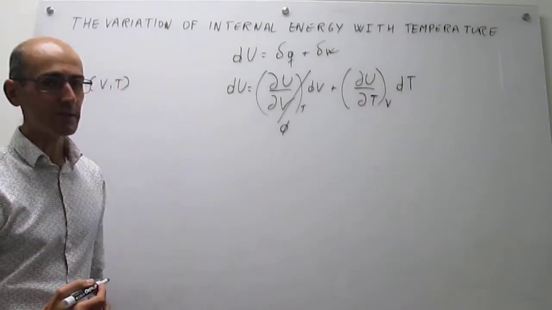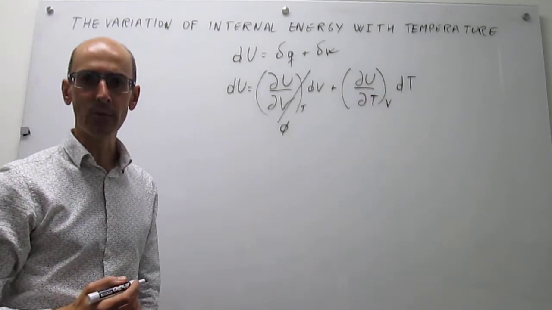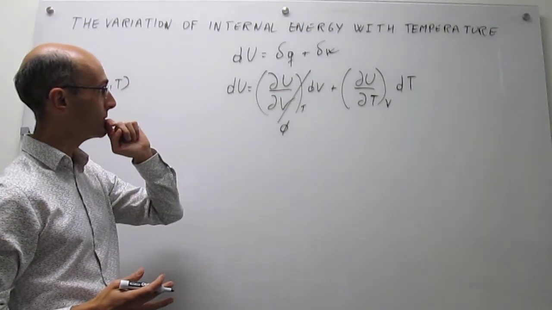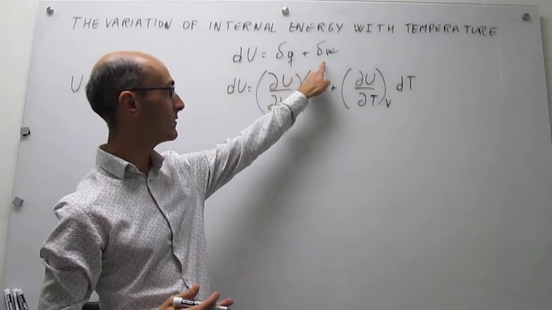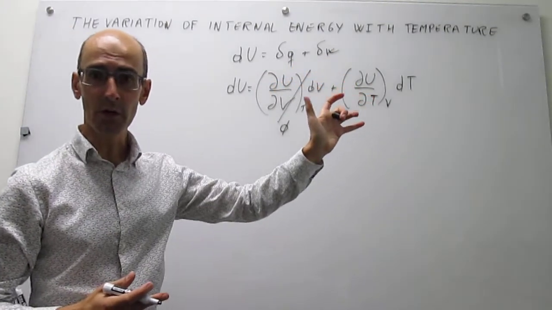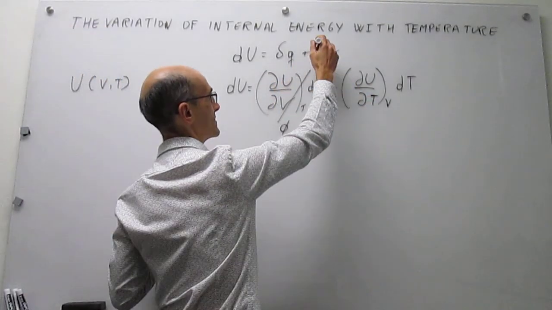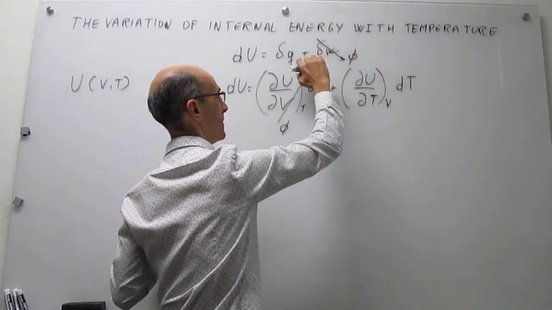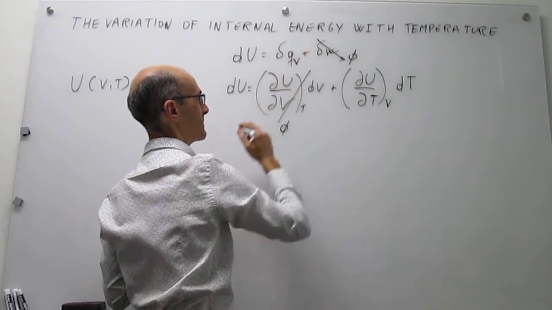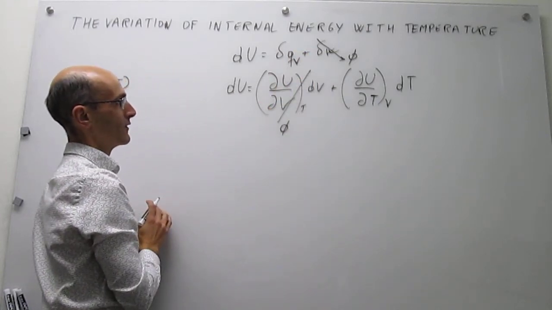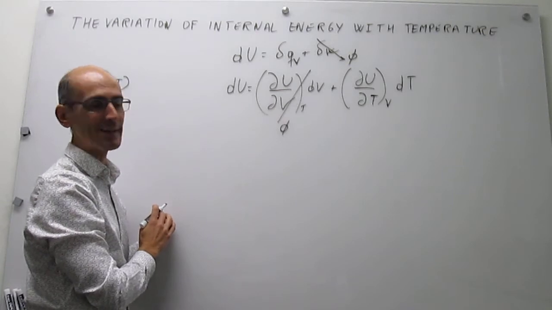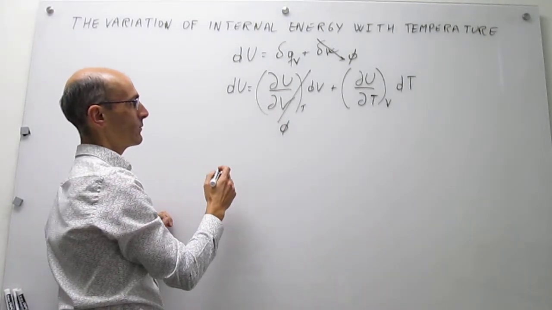So then our question is, how is this useful? What is it that we can learn? Well, we go back to the top expression and recognize that at constant volume there's actually no work, so this term at constant volume becomes also zero. Then the heat gets a subscript, differential of Q sub V, to signify that we're working at constant volume.